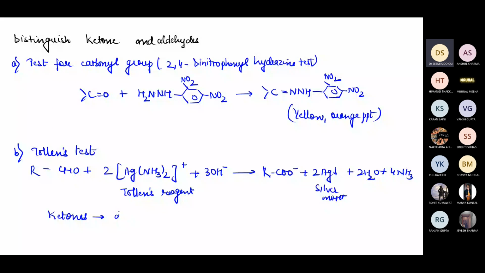When you warm it, it gives a reddish brown PPT. I hope everyone remembers that when you did the Fehling test, fumes and vapours came out of the test tube, and you get a precipitate called cuprous oxide. The reaction is CHO plus Cu2+, this is the Fehling solution, and it gives Cu2O, that is your cuprous oxide PPT, plus water.